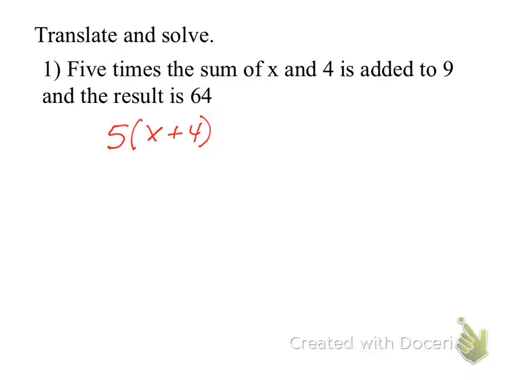So how are you going to read that? 9 plus 5 times 9 plus. So that is added. Okay, keep going. And the result is, Lior? Good. Now, solve it.